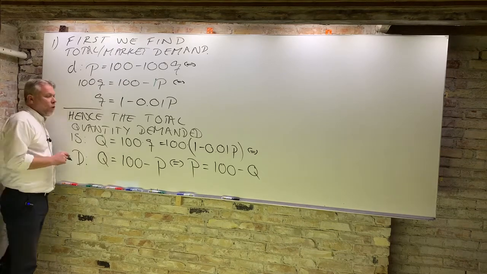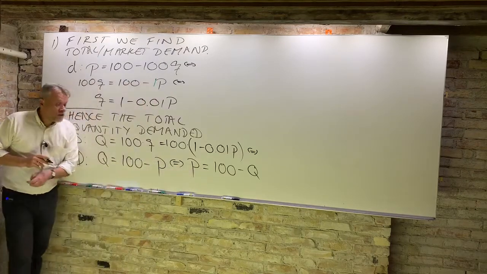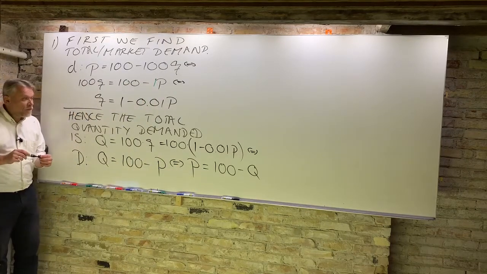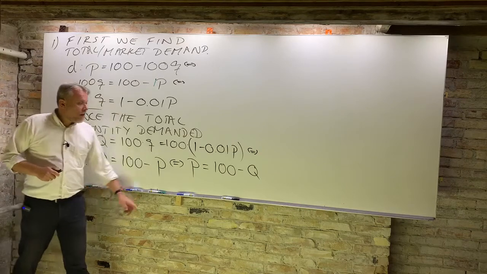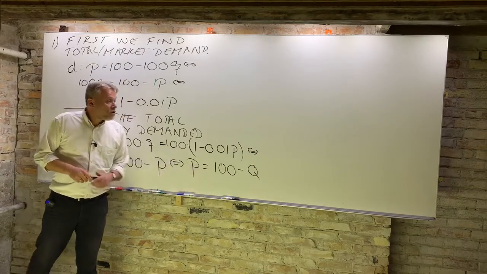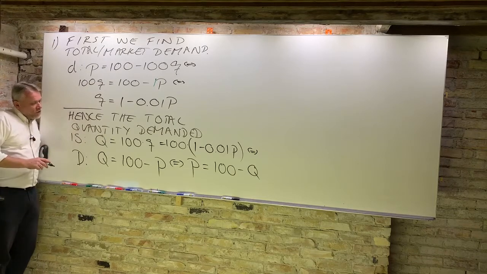And in that case, you will want the two expressions where you've got the same variable on the left-hand side. If you look in the text of the exercises, you will see that in the supply curve, we've got p on the left-hand side. We've got inverse supply.